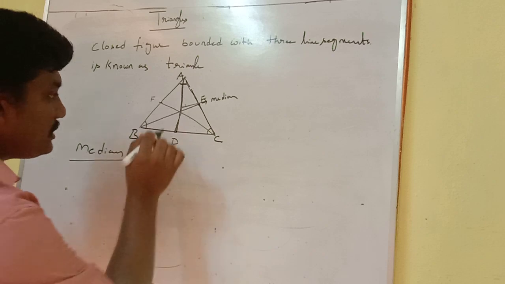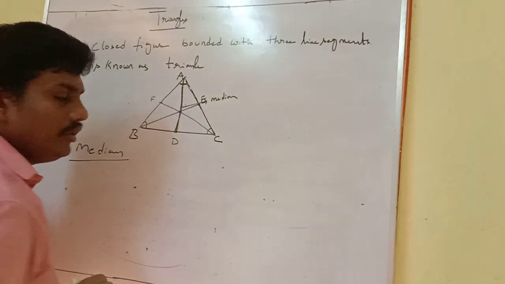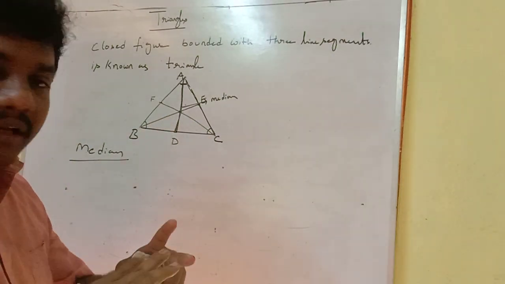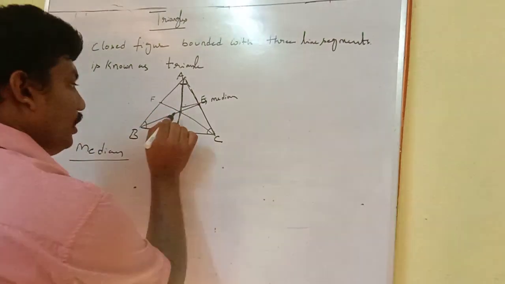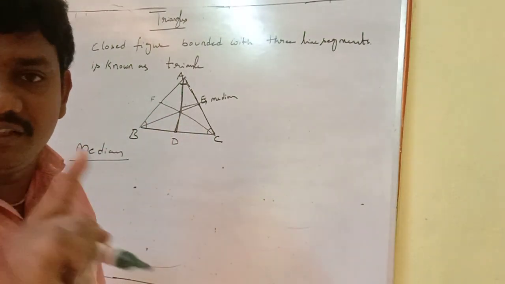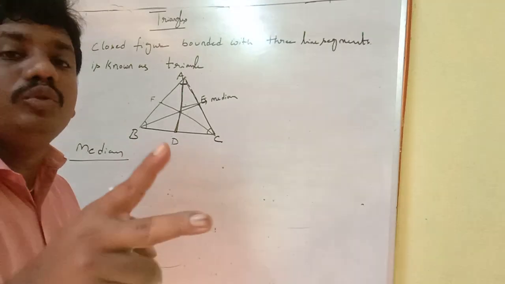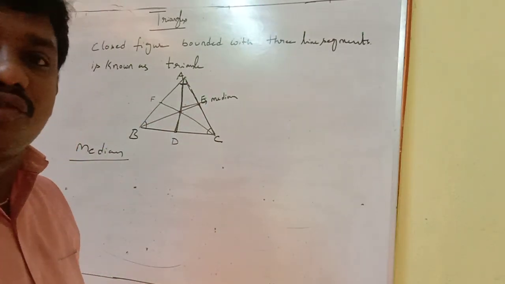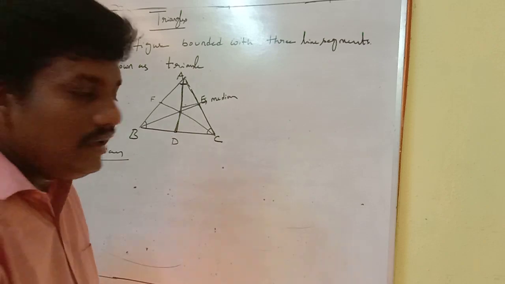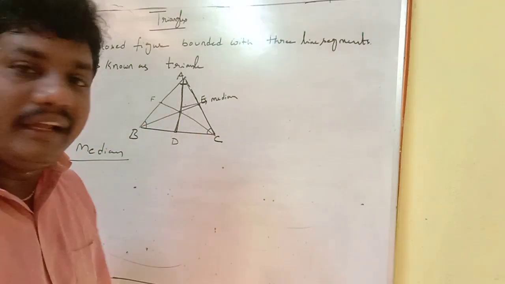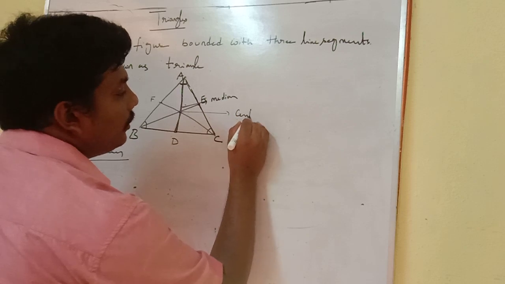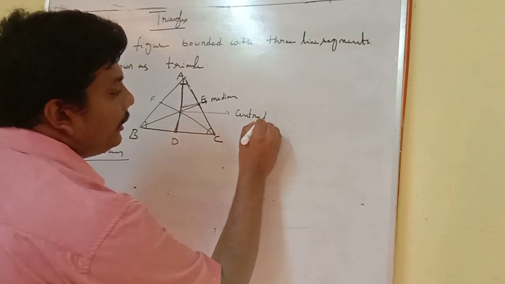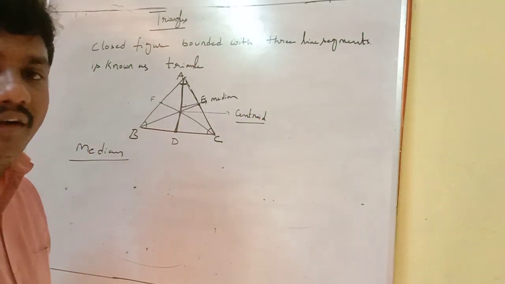The point where all three medians join at one point, the medians intersecting point, that is, when more than two lines intersect at the same point, is known as the point of concurrence. That point of concurrence of the medians is nothing but the centroid of the triangle.